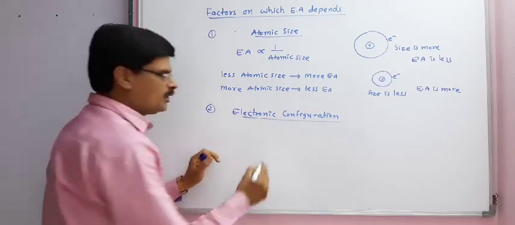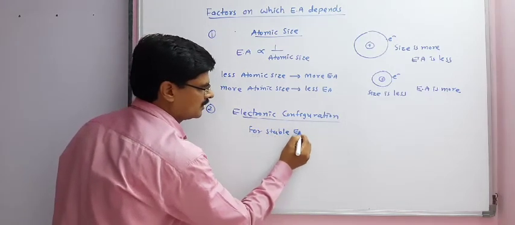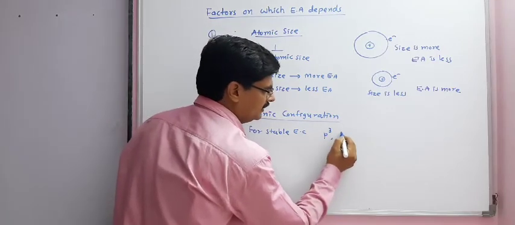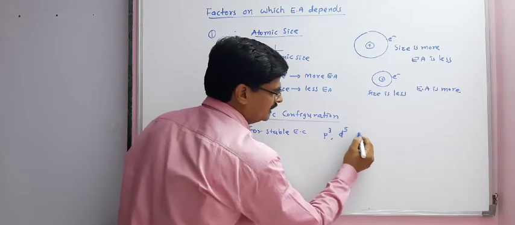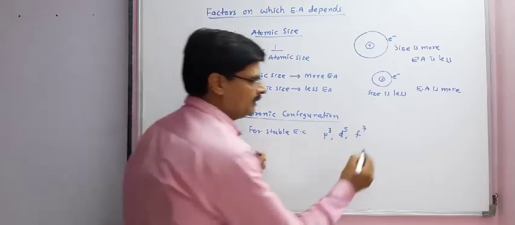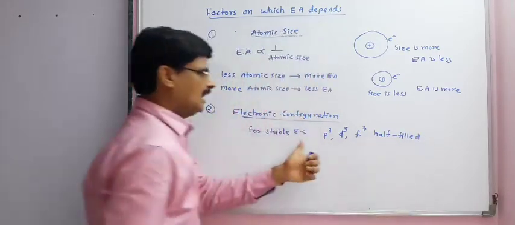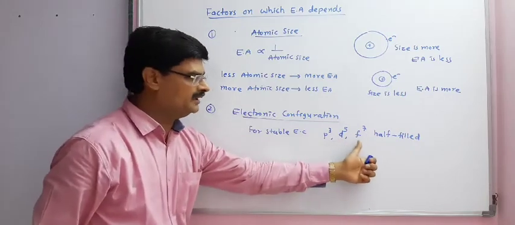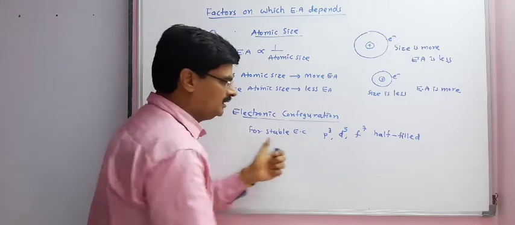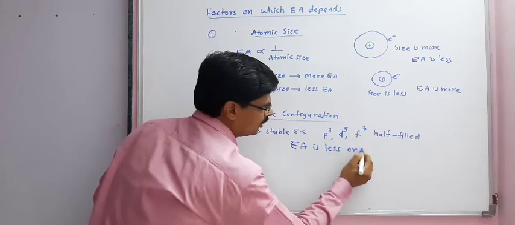For stable electronic configuration, like p3, d5 and f7, half-filled p, d and f orbitals. Because of half-filled structure, it is a stable electronic configuration, EA is less or 0.